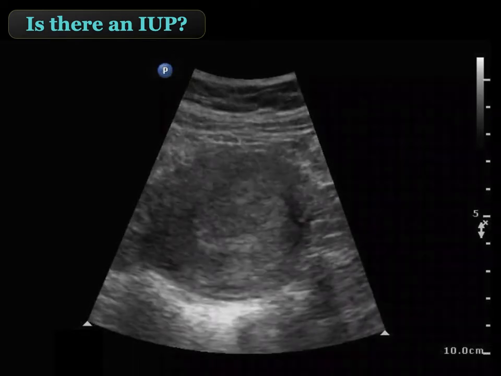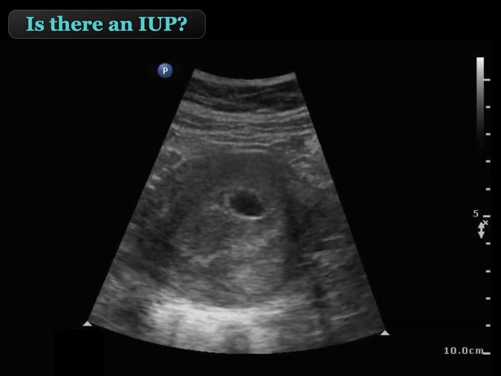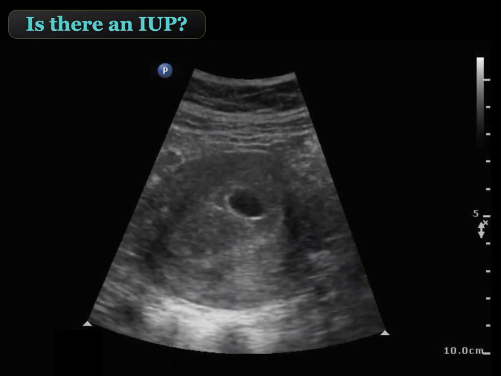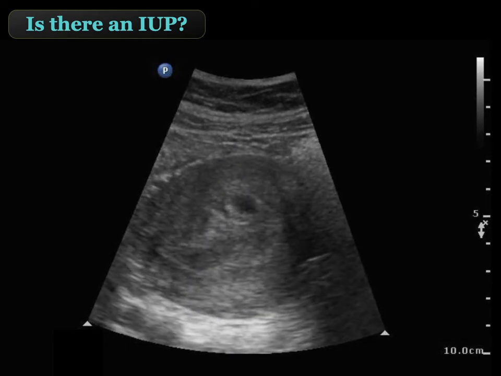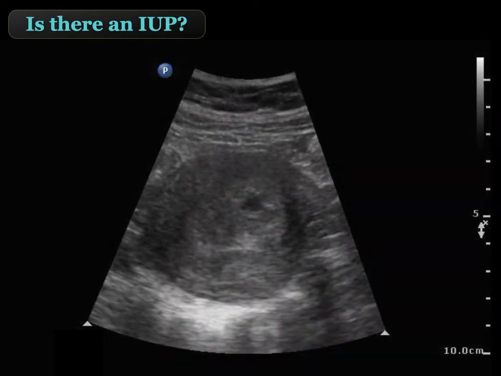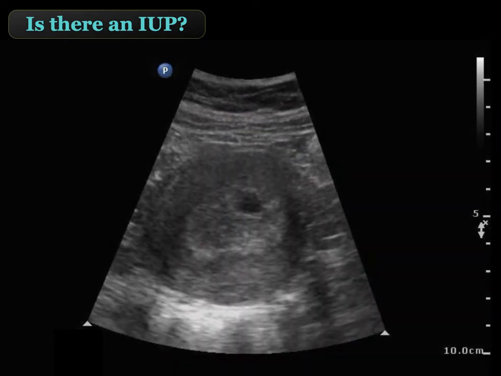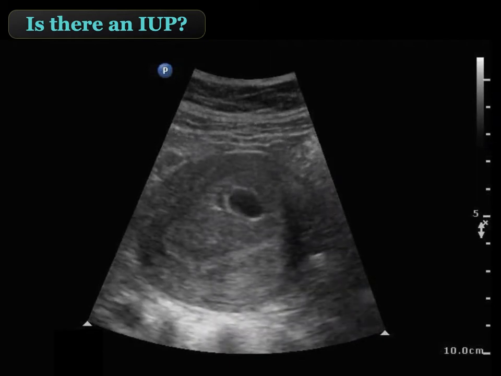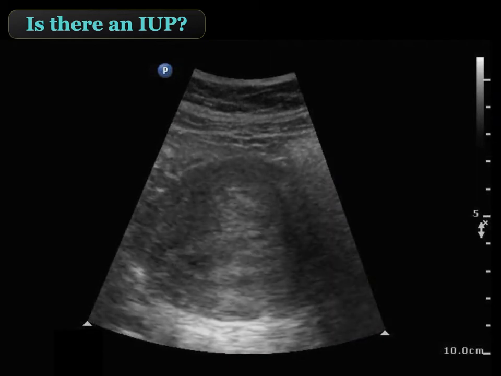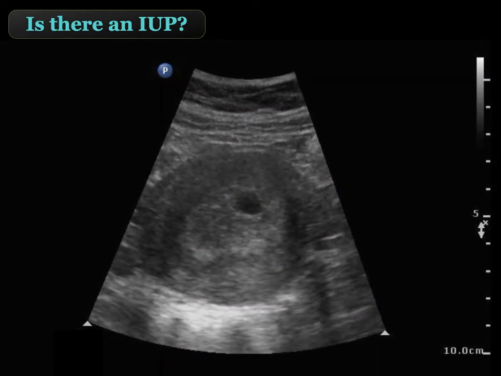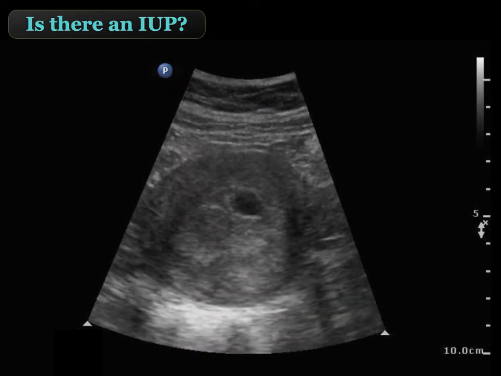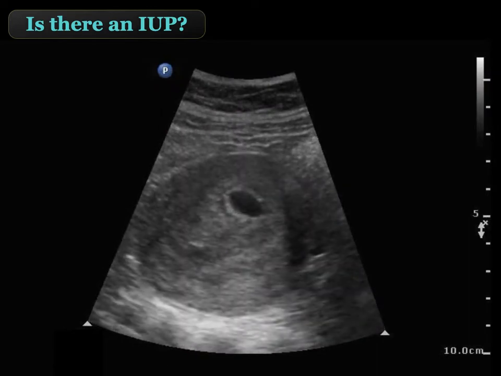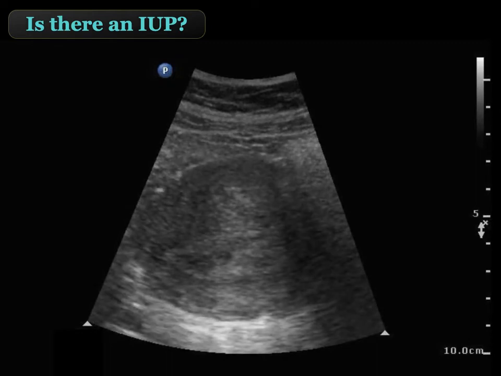There could be a couple of different reasons for this. So the differential diagnosis in this case includes a very early pregnancy, perhaps 4 to 5 weeks along, where you aren't going to be able to visualize that yolk sac on a transabdominal OB ultrasound. Or this could be an ectopic pregnancy with a pseudogestational sac.